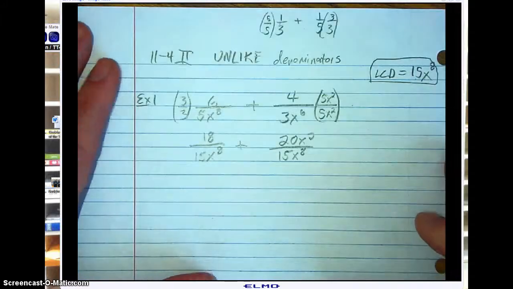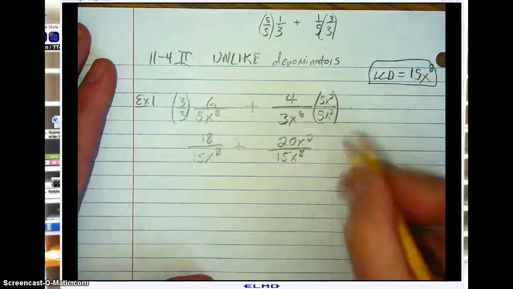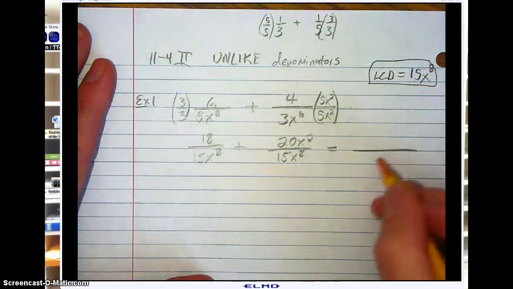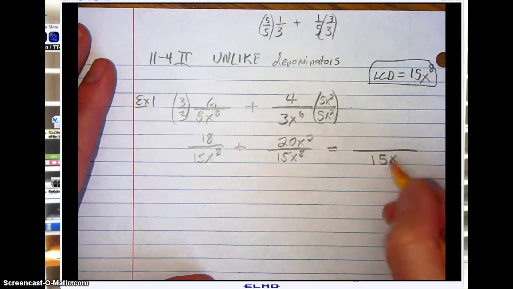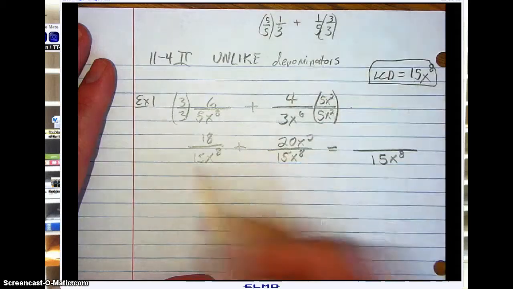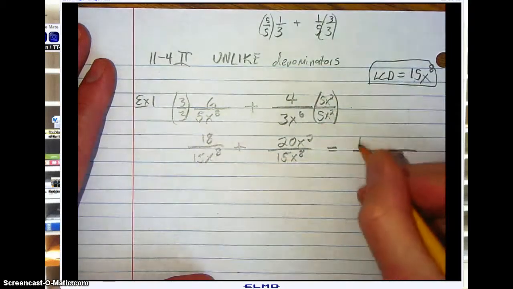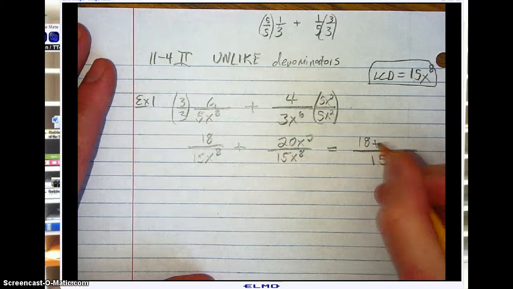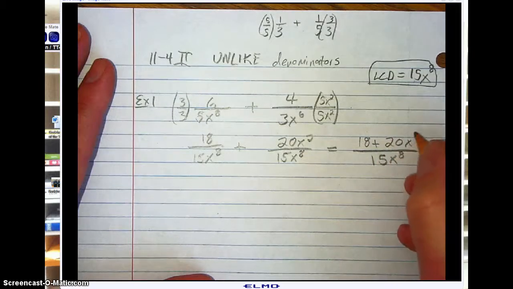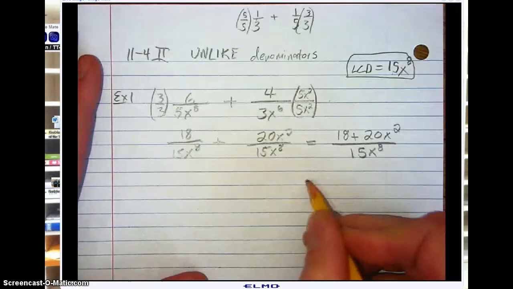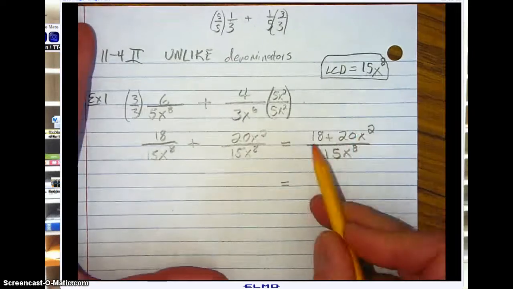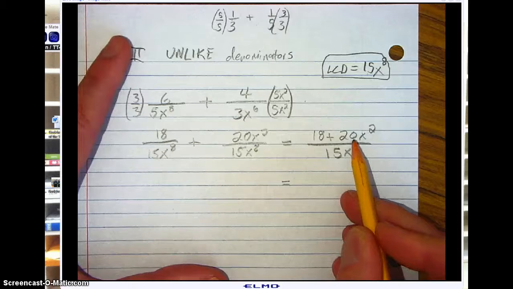Now this problem becomes like the previous examples. We have a common denominator? Good. Put it over the common denominator, 15x to the 8th. Easy now. And now just combine like terms, which they aren't. So just write what you see: 18 plus 20x squared. Now, always try to factor something. 18 and 20 have a common factor of 2.